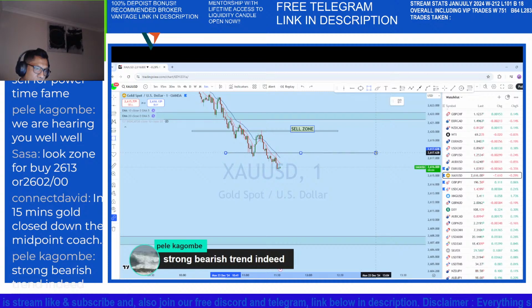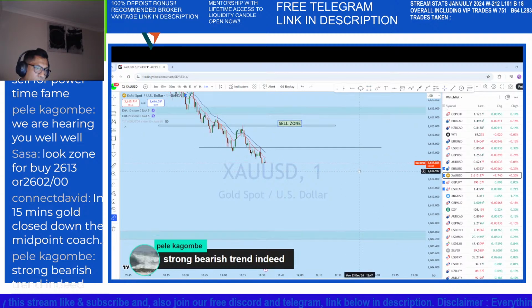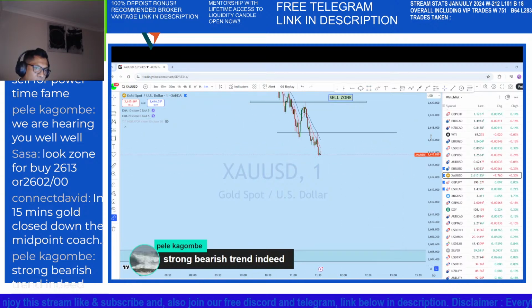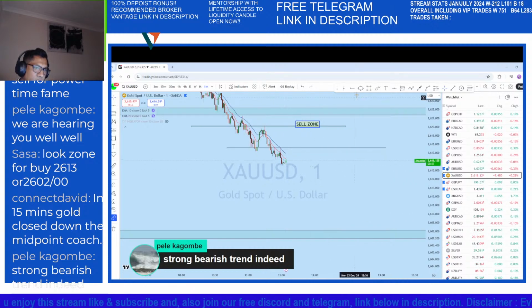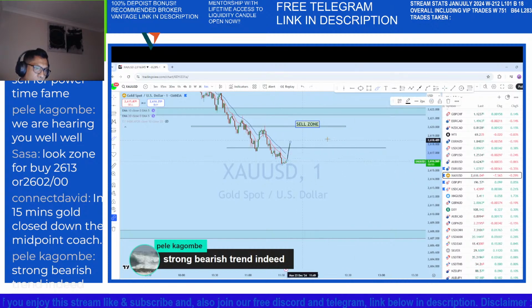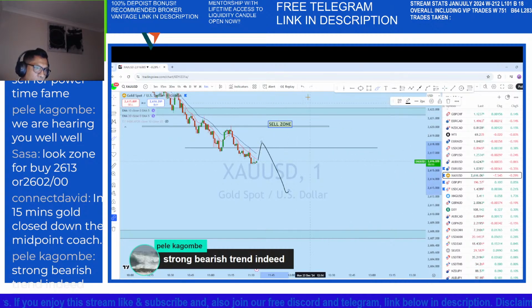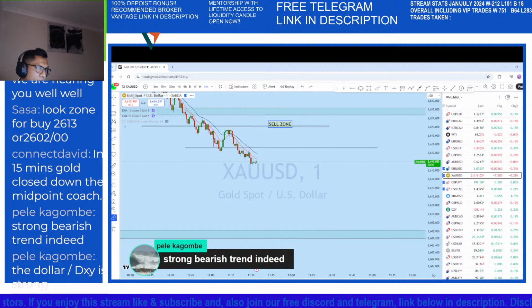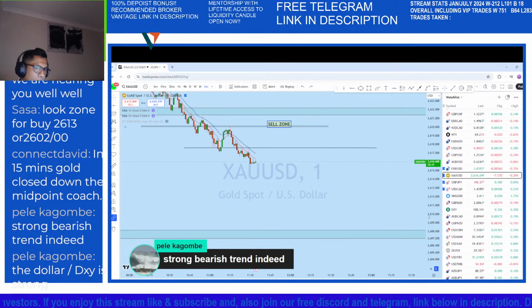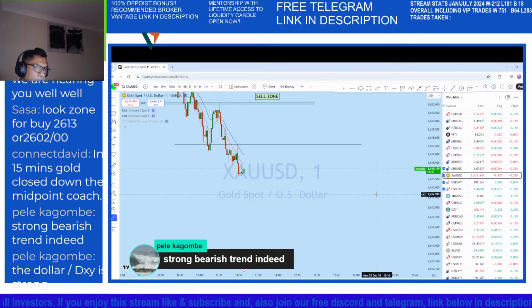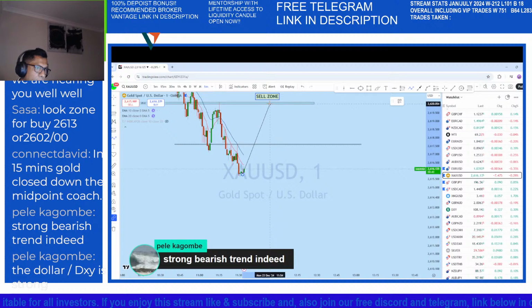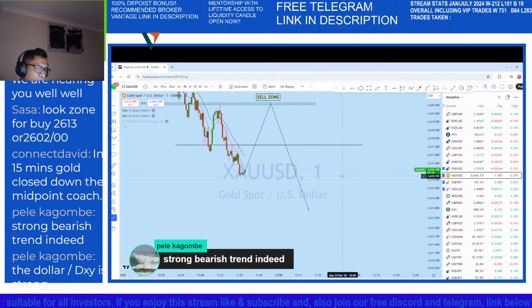This is a resistance line here, and with that resistance, we expect it to break out and then come back down here. Potentially we will be waiting for the market to move and then come back down to create a new lower low.